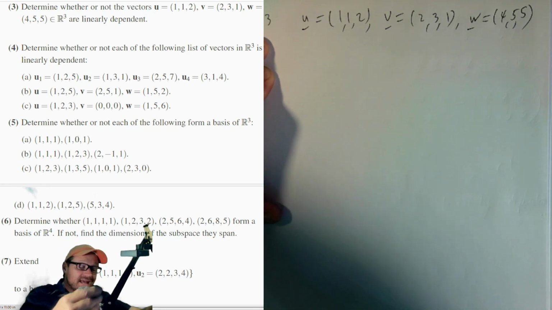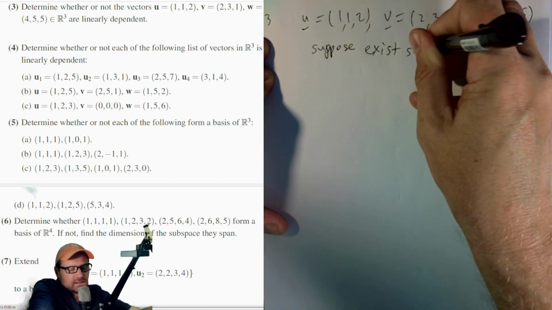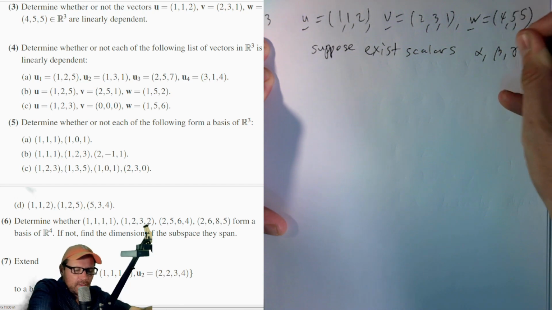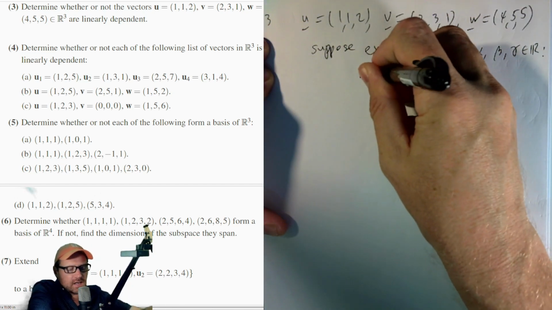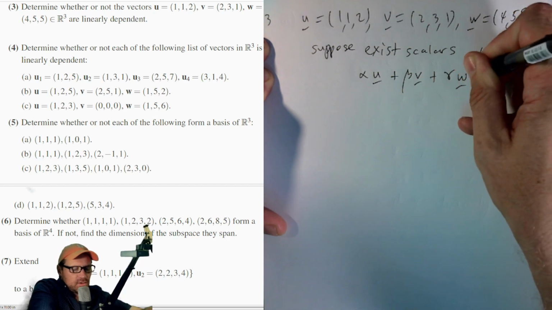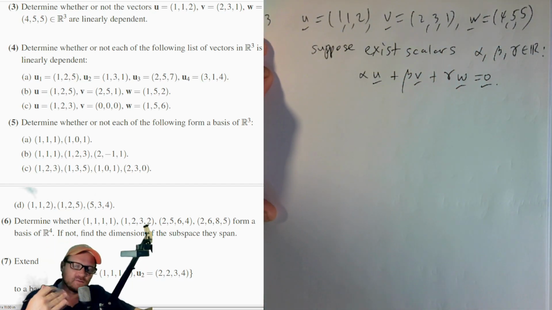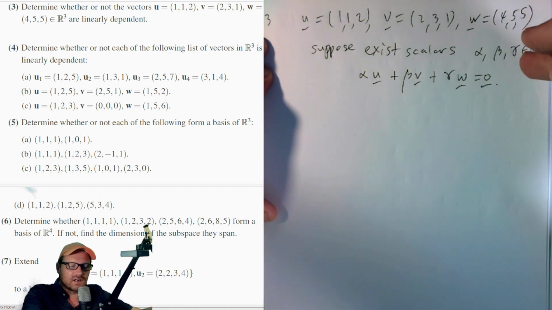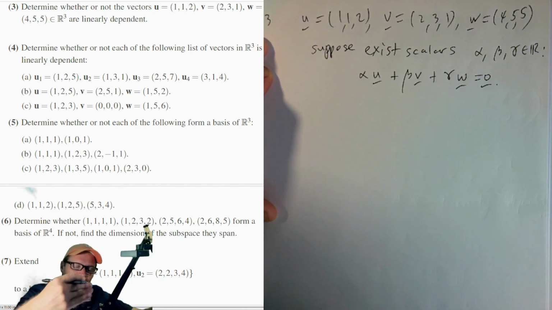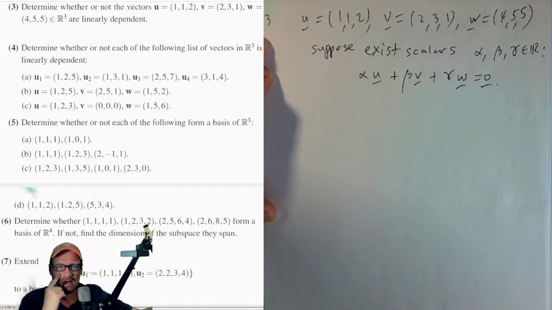So the way we need to set this up is to suppose that there exist scalars alpha, beta, and gamma such that alpha times u plus beta times v plus gamma times w is the 0 vector, and see what happens. Can we find alpha, beta, and gamma not all 0 such that this equation holds? If we can, then these 3 vectors are linearly dependent. If we cannot, if they are forced to be all 0, then they're linearly independent.